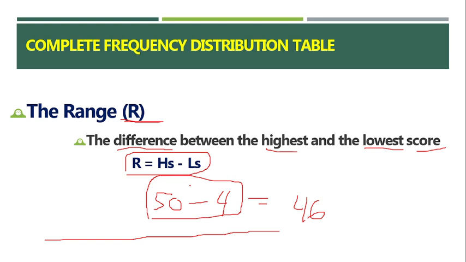Because if we know the range, maybe for example, you have 50 students. Then the highest score is 50, and the lowest score is 40. And what is the range? The range is only 10 out of 50 students.